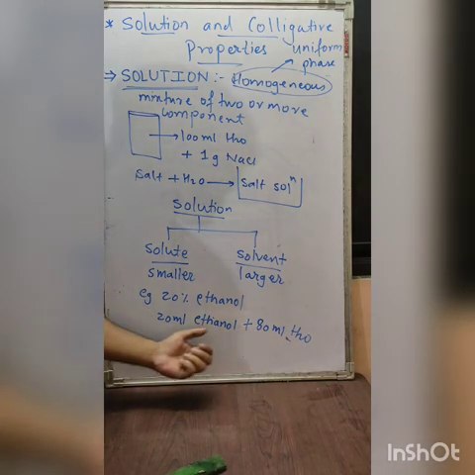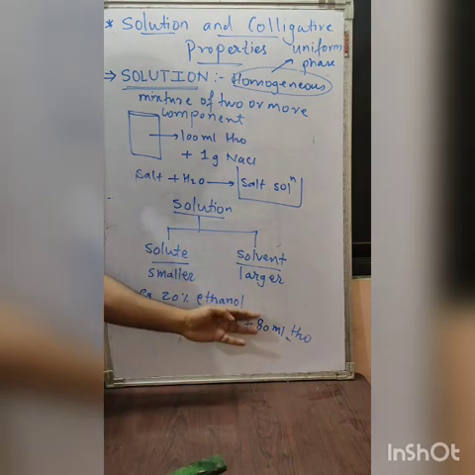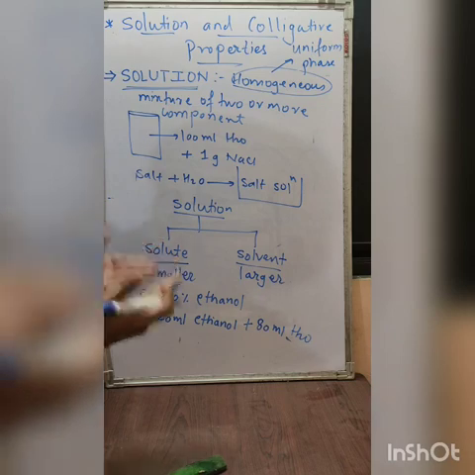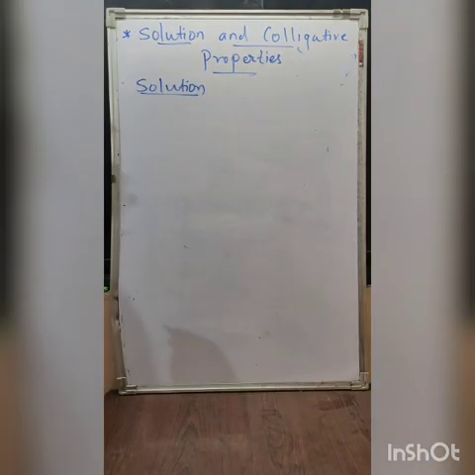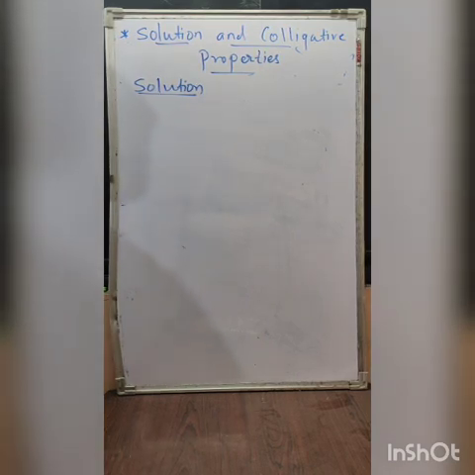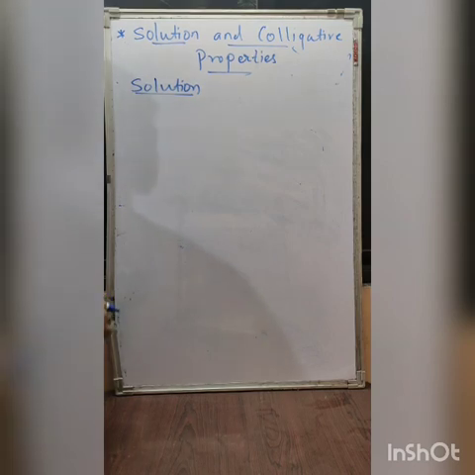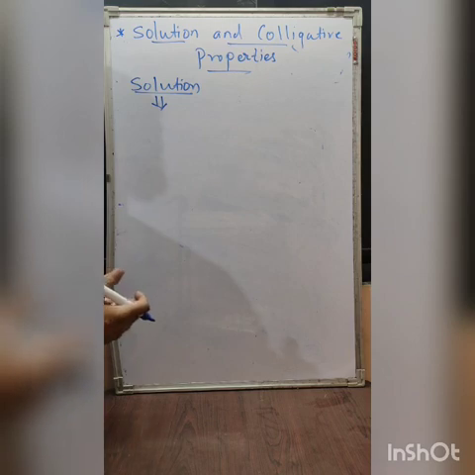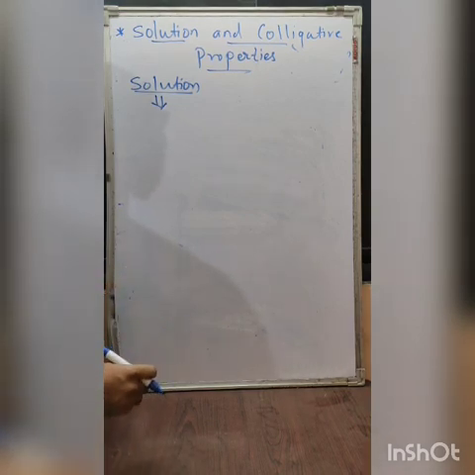So among these two, ethanol is the solute and water is the solvent. Okay, understood? It's a simple concept to identify which will be the solute and which will be the solvent. So students, we have seen the definition of solution: a homogeneous mixture of two or more components.